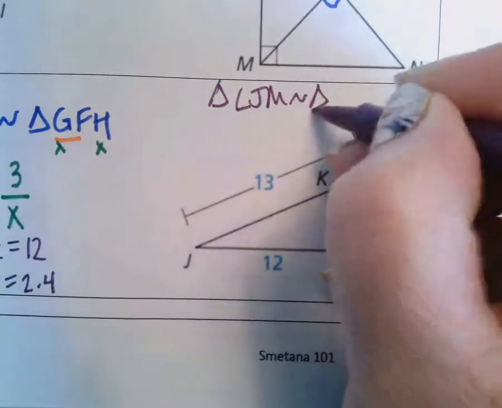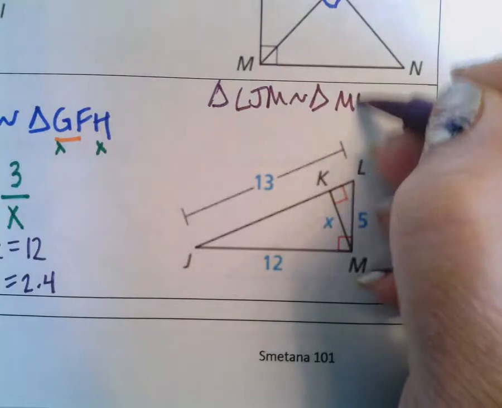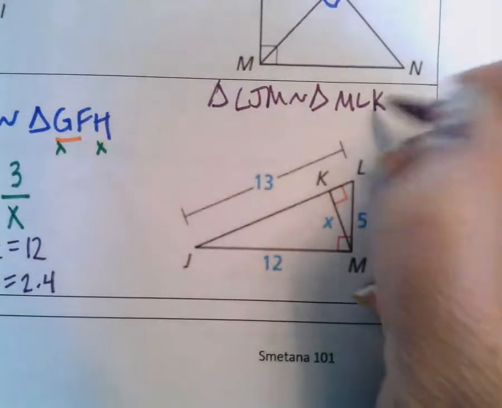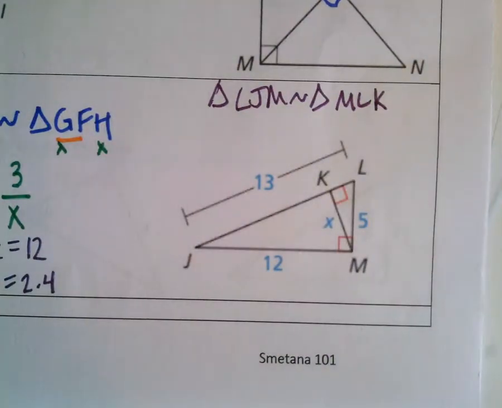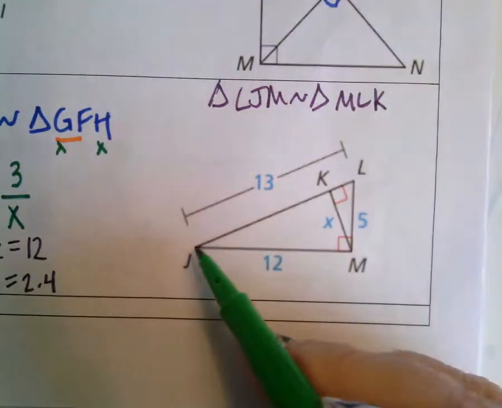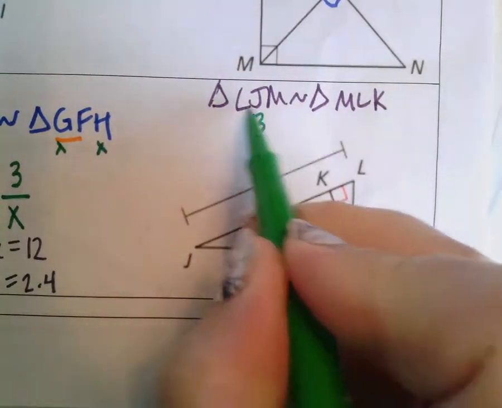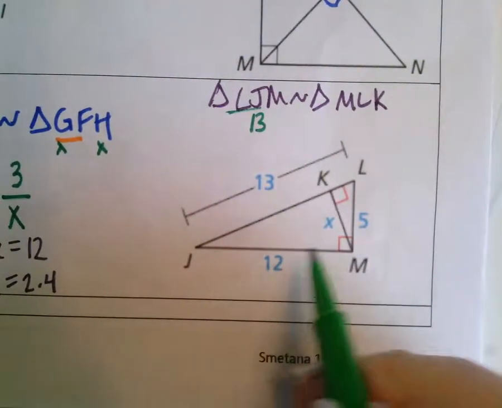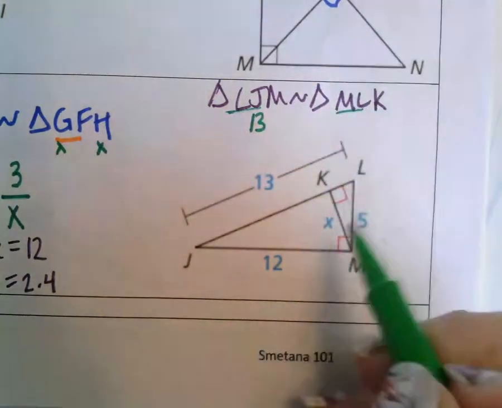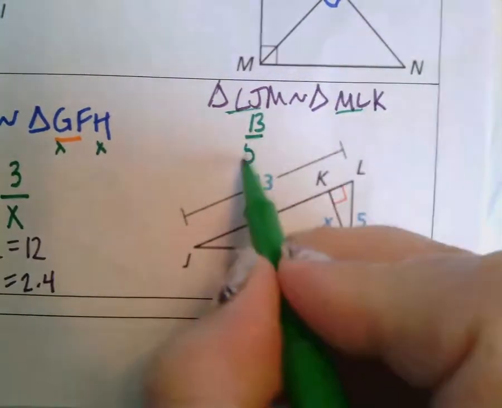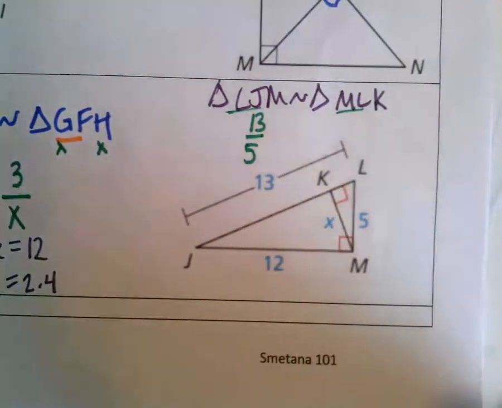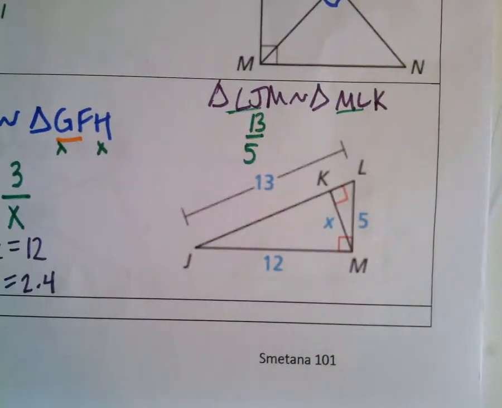Okay, so triangle LJM is similar to triangle MLK, and use what you got. So I have LJ right here, 13, and that's going to correspond to ML, which is 5. So far I have 13 over 5.